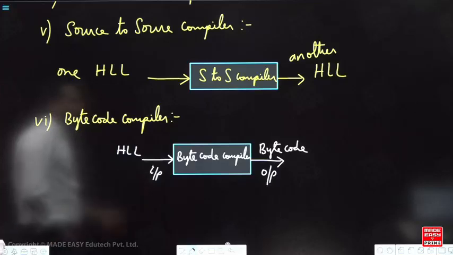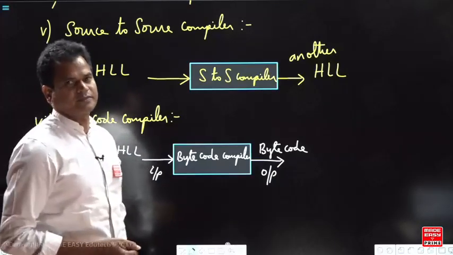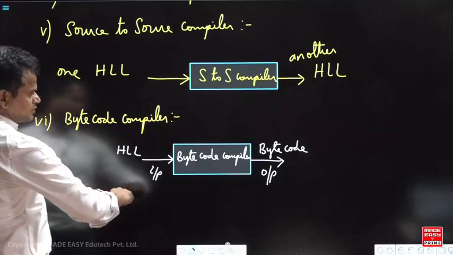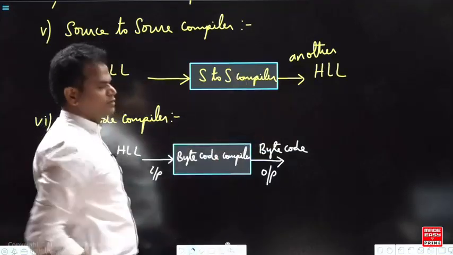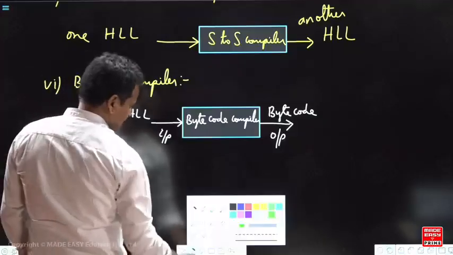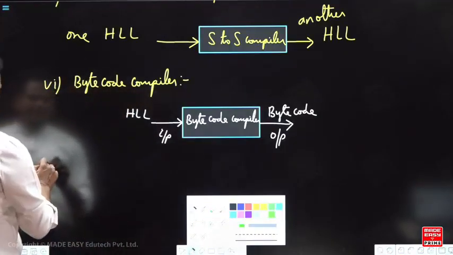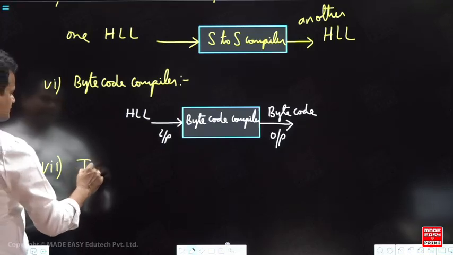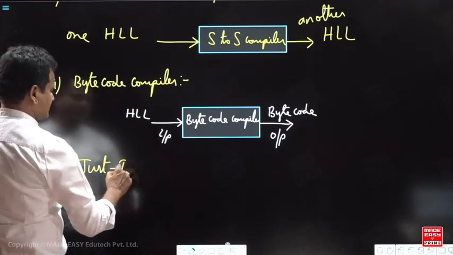The output is bytecode. The bytecode compiler takes the high level language as input and converts it into bytecode as output. Okay, next, I'll give you notes, just listen. Next, just-in-time compiler.